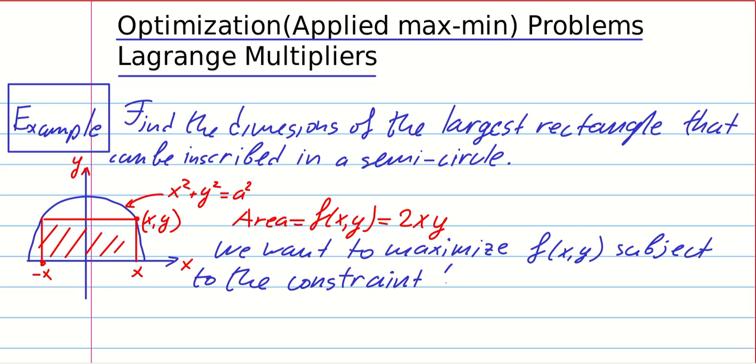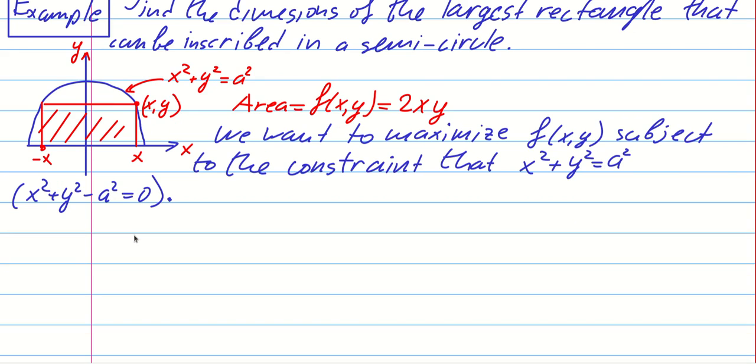What is the constraint? The constraint is this semicircle, so x squared plus y squared is equal to a squared. But we can rewrite this expression as x squared plus y squared minus a squared equal to 0. So we move all the terms to one side. Alright, so that is the statement of our problem.